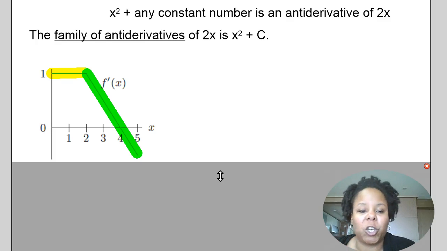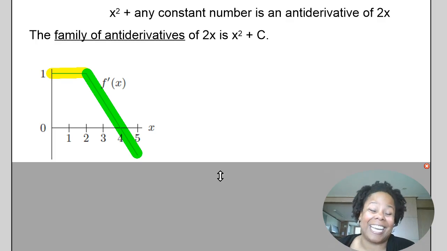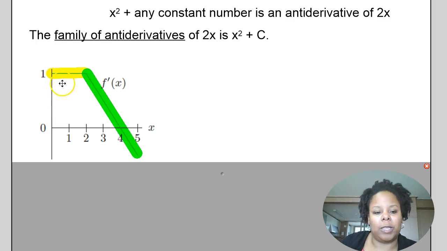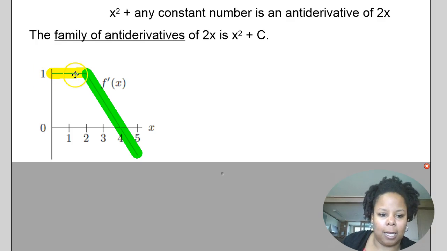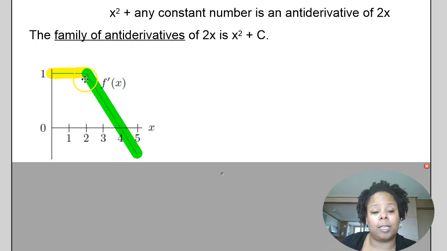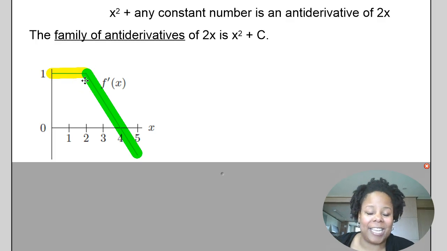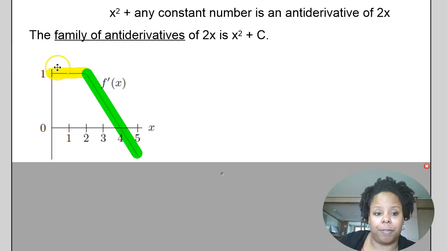And we're going to determine what an antiderivative is of this function by using what we know about derivatives. So in this case, from x equals 0 to 2, the graph of the derivative function is a horizontal line, which indicates that the slope of the tangent line of the original function is the exact same value, which seems to be very much like a linear function.